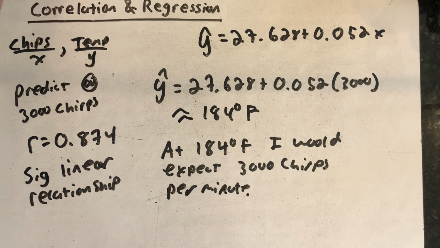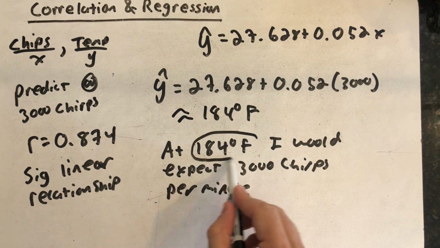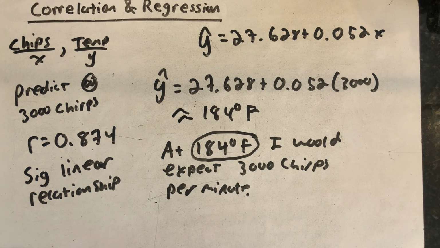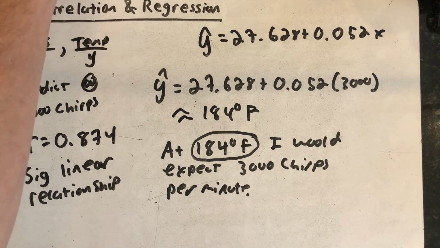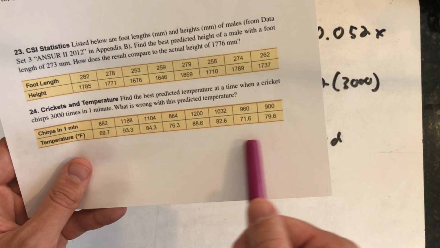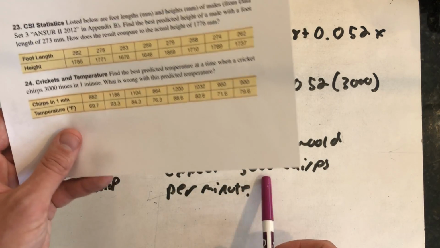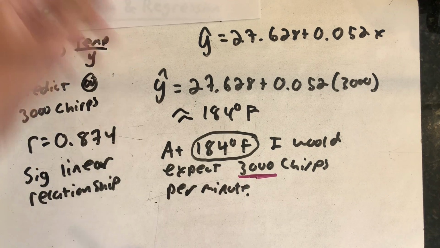And then I remember that I was supposed to figure out what was wrong with this. And I look at that 184 degrees Fahrenheit and I think, wow, that's very hot. I don't think that's what the outside temperature is going to be, especially if I look at the rest of the temperature data, right? It's nothing like the rest of these temperatures. And what's really going on is we were asked to make a prediction for 3,000 chirps.